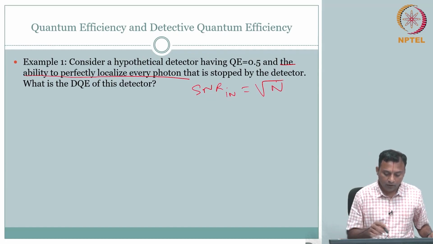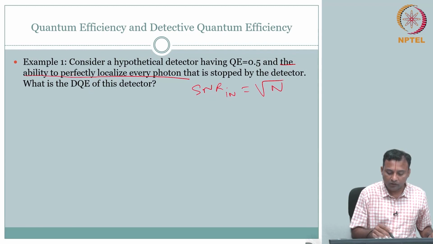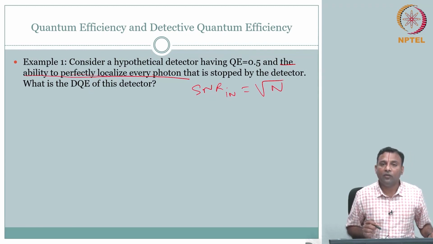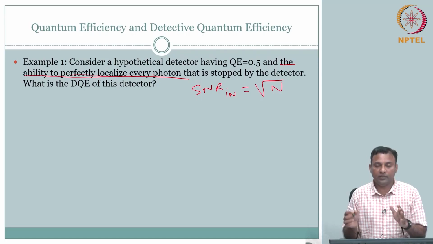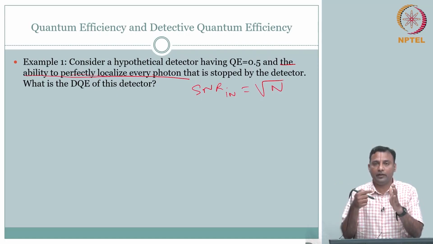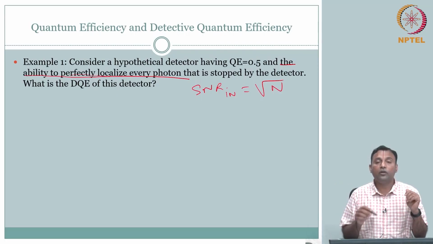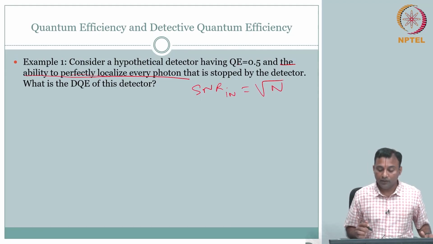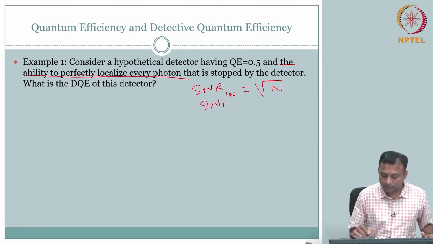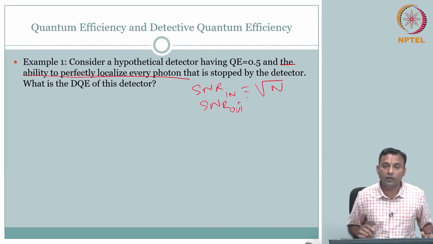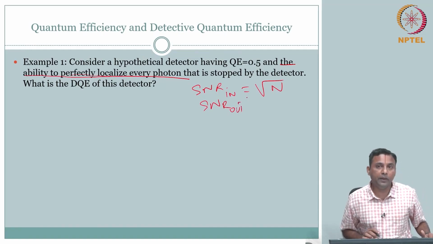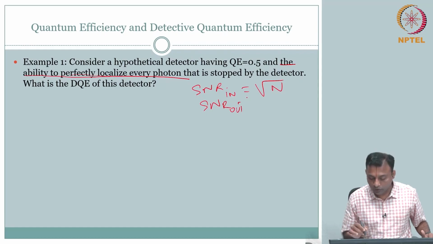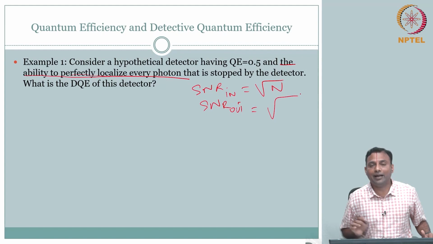So if this clue is given, what will be my output? With n input and QE of 0.5, I have to calculate SNR out. That is going to be the square root of the number of photons, the random number of photons.